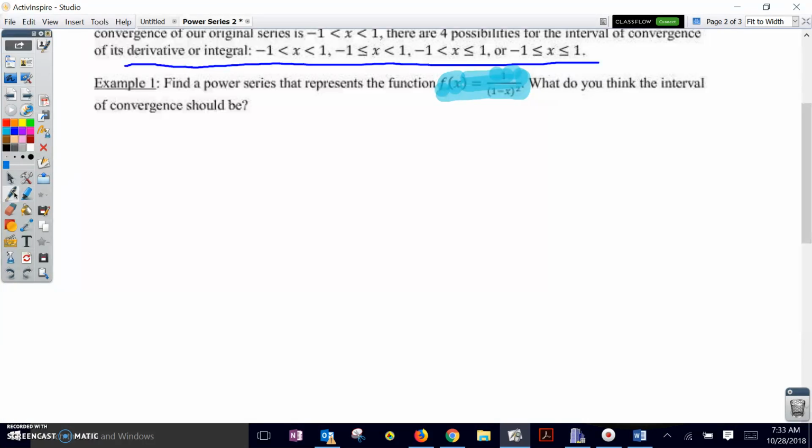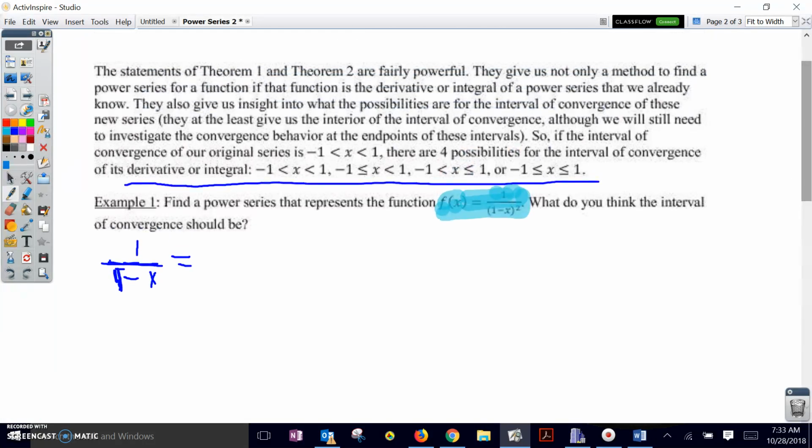The whole idea here is we know the series for 1 over 1 minus x, which is equal to quantity 1 minus x to the negative 1.